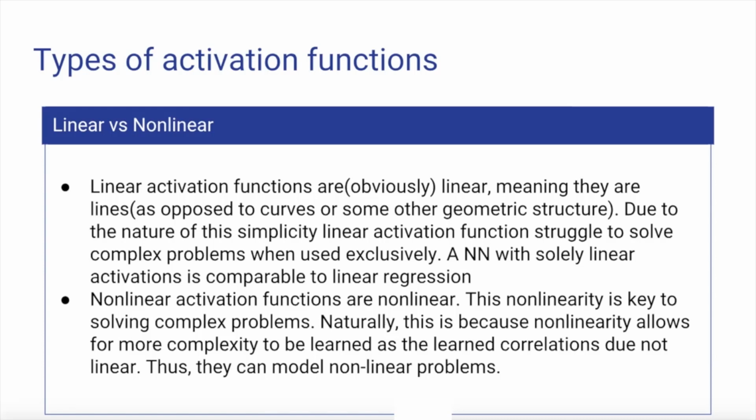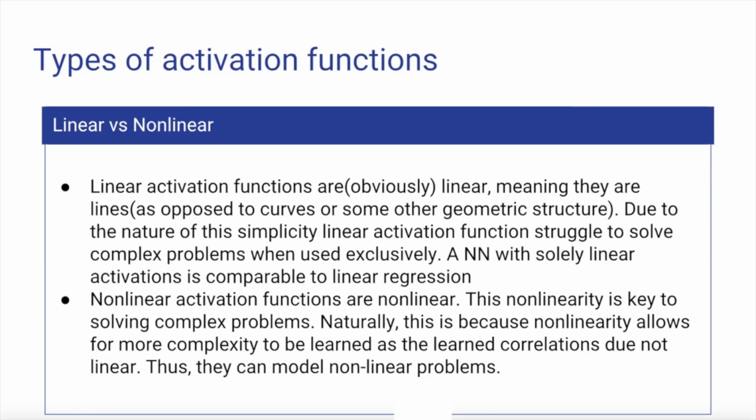So we have a couple different types of activation functions. One are linear. Mainly when you see a linear activation function, it's just y equals x. It's very, very simple.